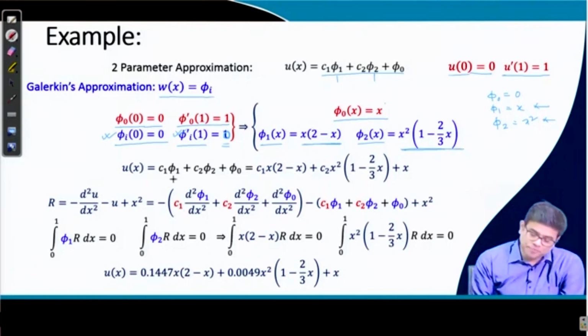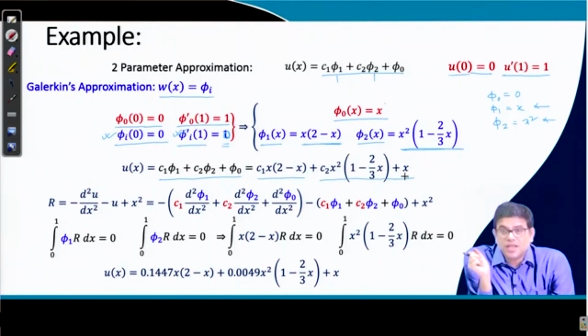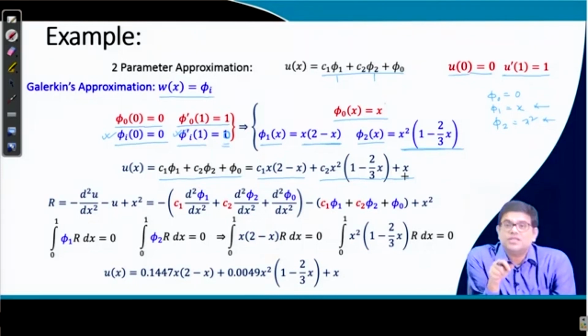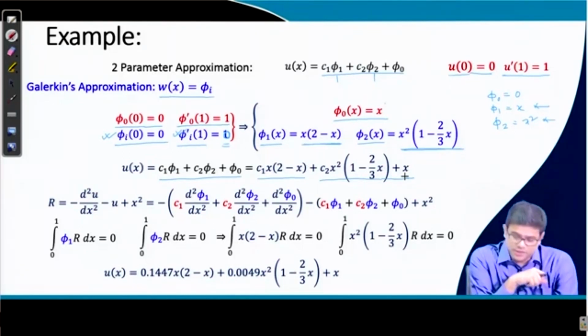Now if I look at this approximation, this is a cubic polynomial, right? Now you see why I need to choose this cubic polynomial, because our differential equation was a second order differential equation, so our differentiability requirement increased compared to the standard weak form that we dealt with in the previous case.